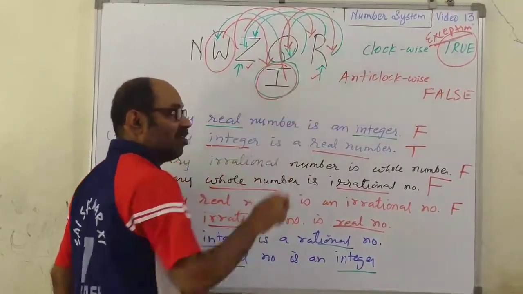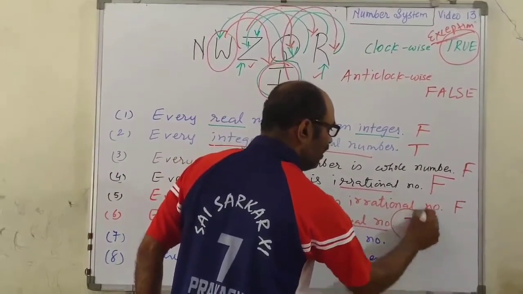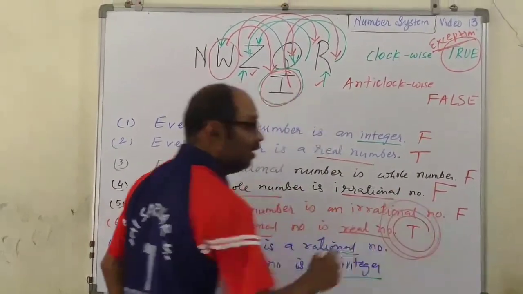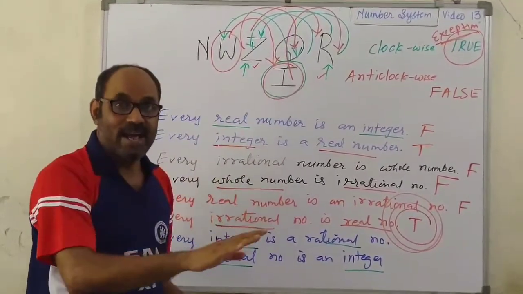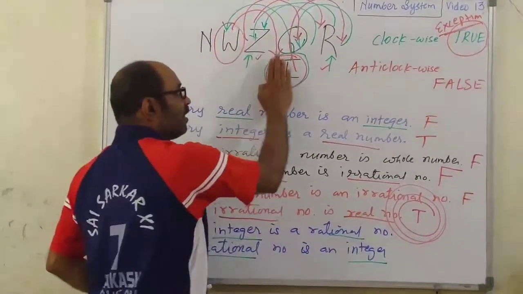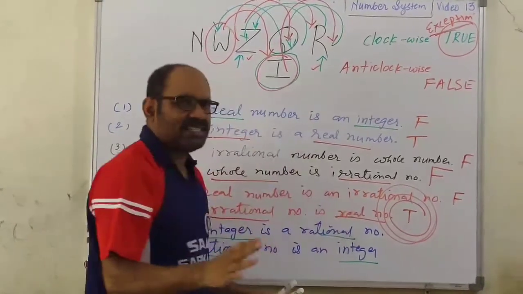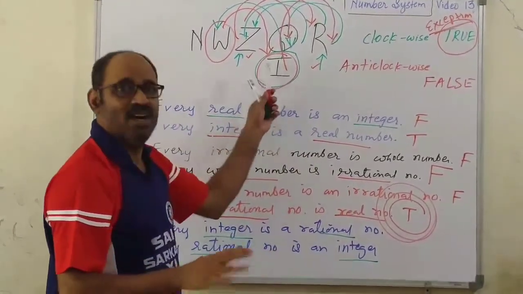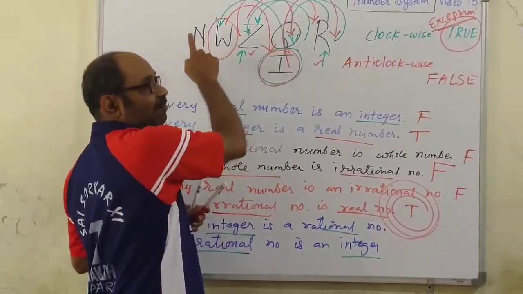That is clockwise, and this statement is true. Remember this: any statement that involves irrational is false except this one. Irrational is real, yes, true. All the rest of the statements regarding irrational would be false if they are compared with any set of numbers.